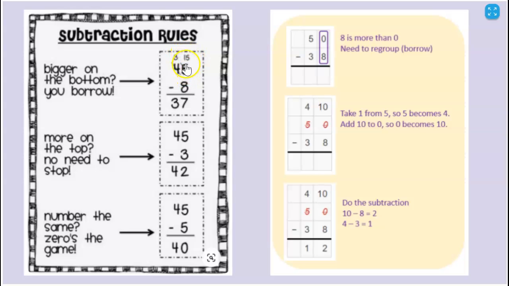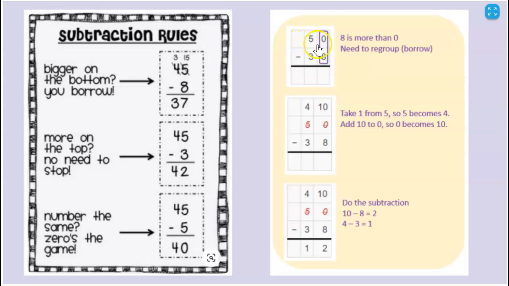So 5 plus 10 equals 15, and 4 minus 1 is 3. So now I can do my subtraction. 15 minus 8 is 7, and 3 minus 0 is 3.